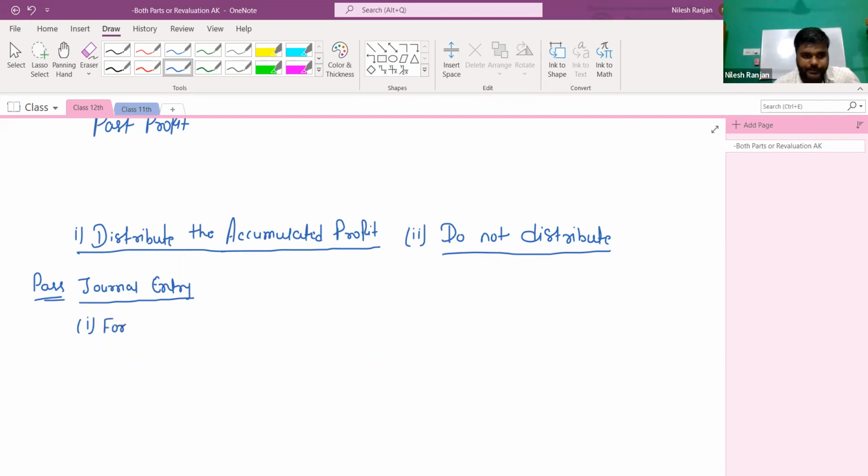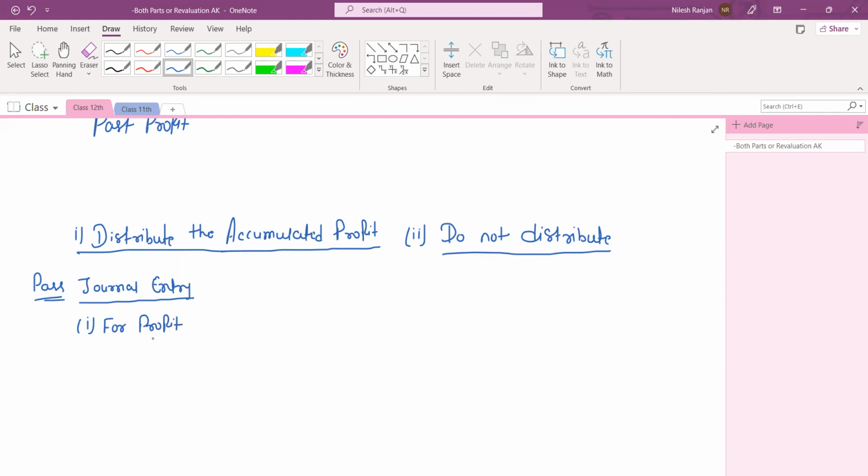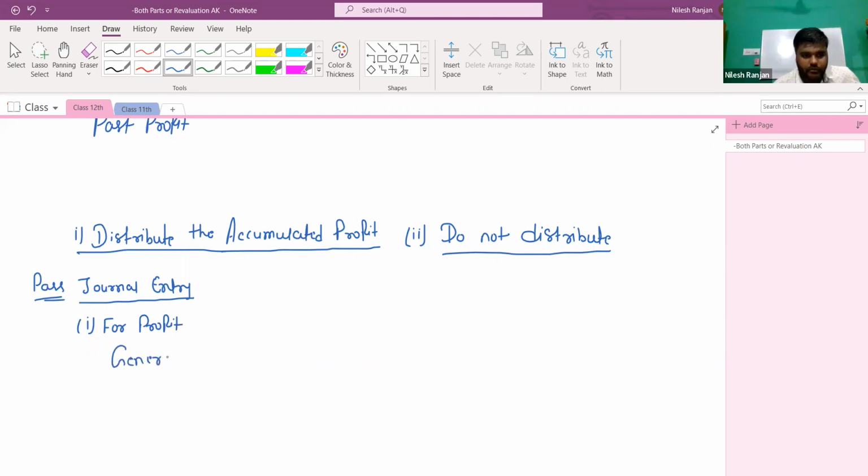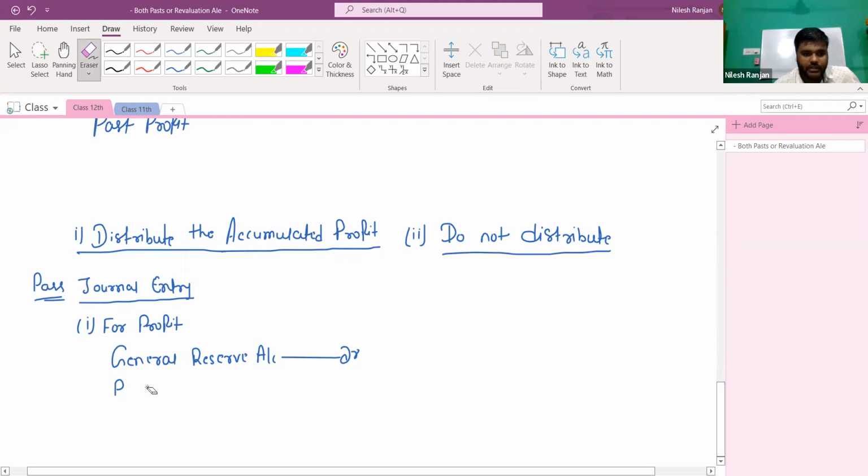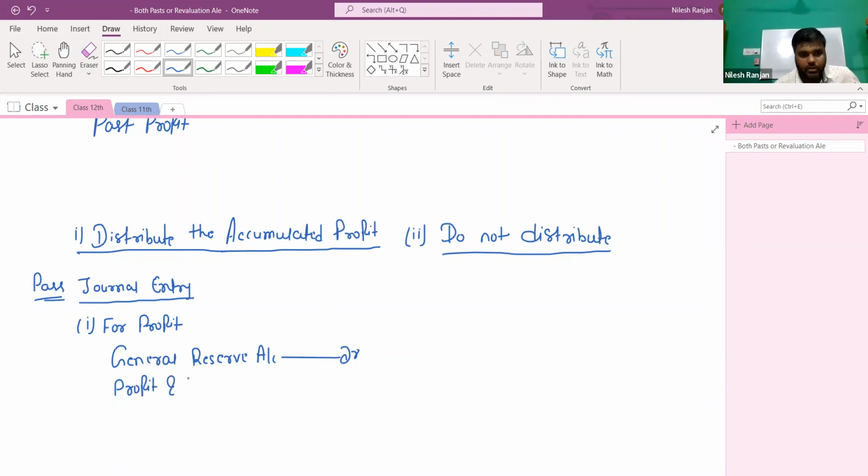So for profit, we pass: general reserve account debit, profit and loss account debit, to old partners' capital account.